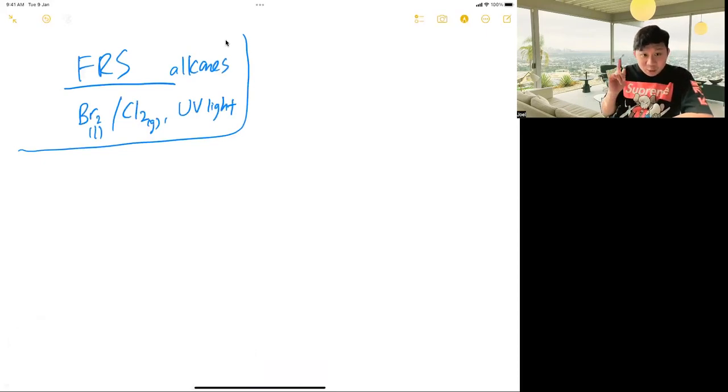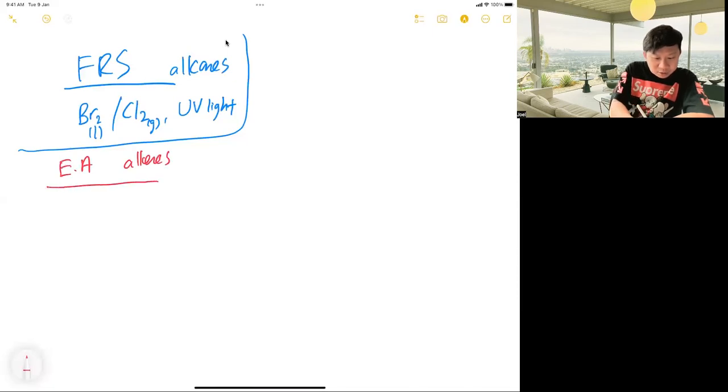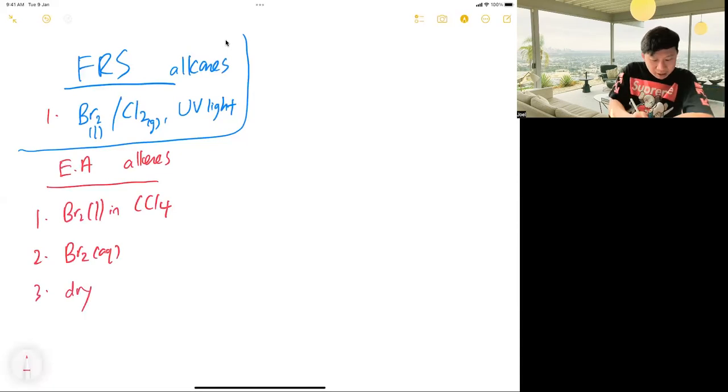Next is electrophilic addition, which is for alkenes. The reagents are bromine liquid in CCl4, and the friend is bromine aqueous, and the other friend is dry HBr gas, because if it's wet it's hydrobromic acid, totally wrong.